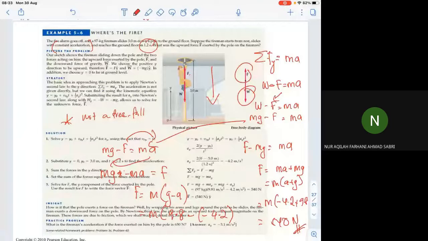That will depend on the situation, on the direction of the acceleration. Is the acceleration going downwards? Then W, or mg, will follow the direction of acceleration. So that's why I'm considering this.